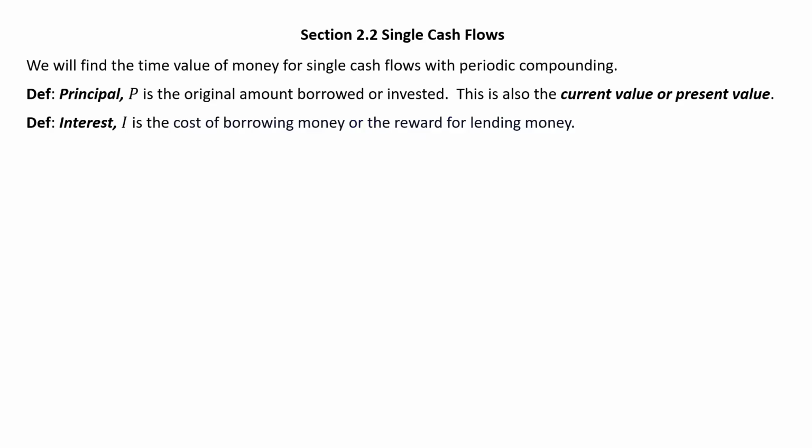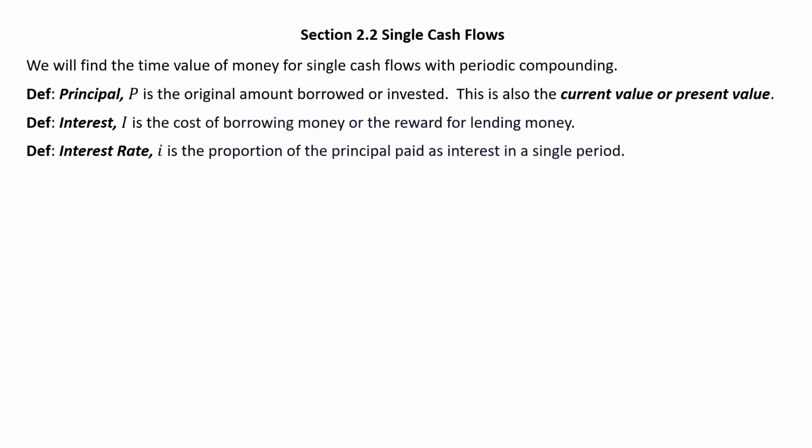Then it's going to cost me some money, like in this example, $200. Or if I happen to lend you the money, that's the reward for me for lending you the money, right? So I is the actual amount of interest.